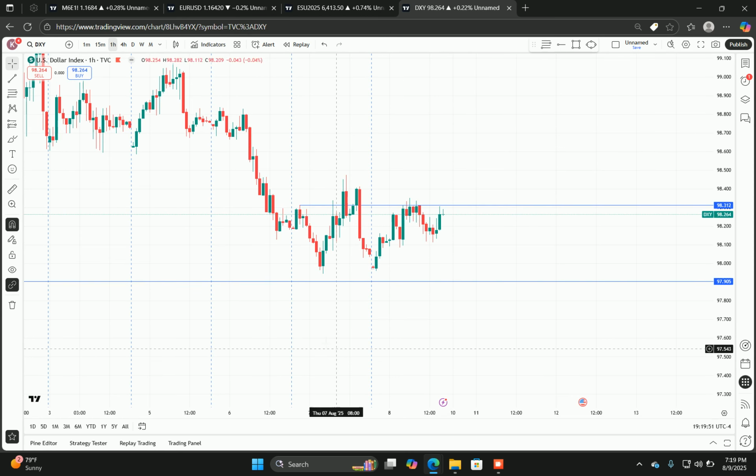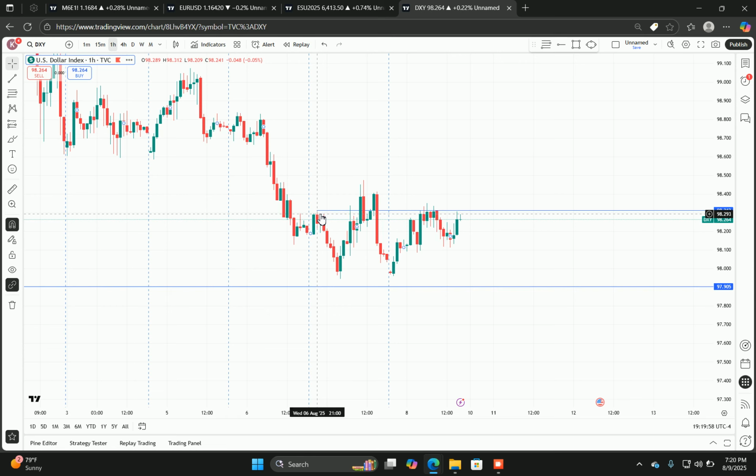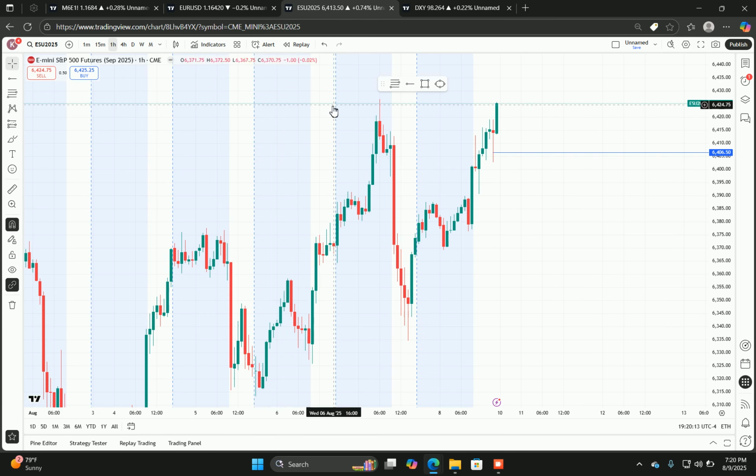So right here on Wednesday, these were the prices I was looking for the market to trade above. So once the market traded above those prices at 7 a.m. on Thursday, I was looking for lower prices on the indexes.